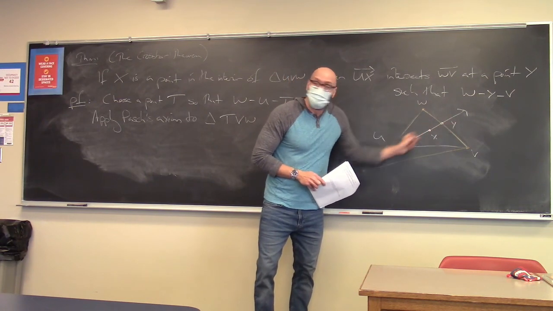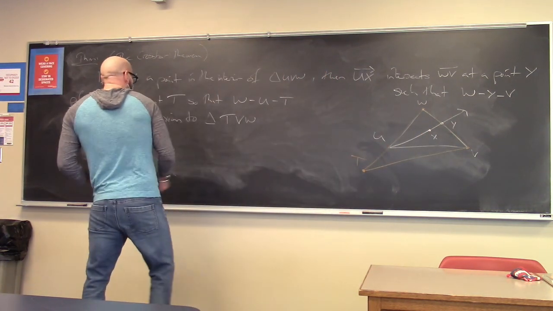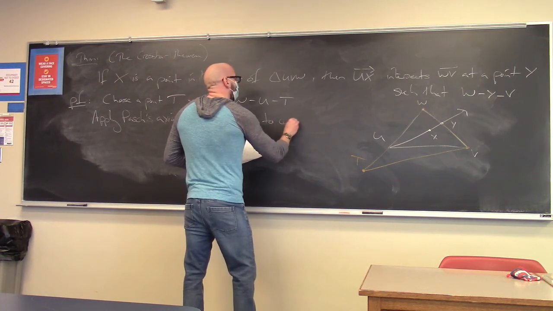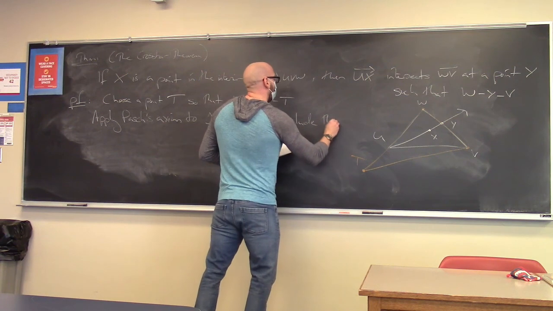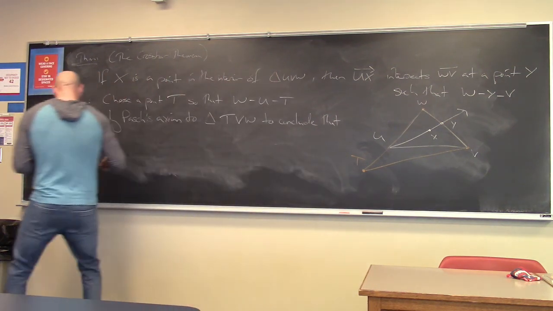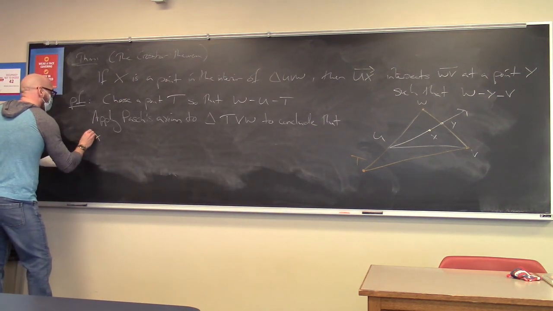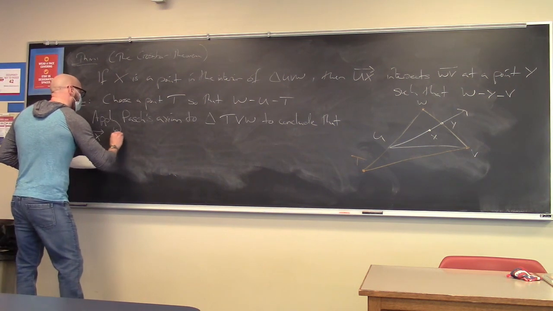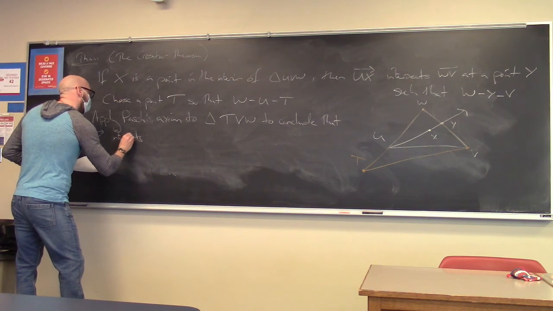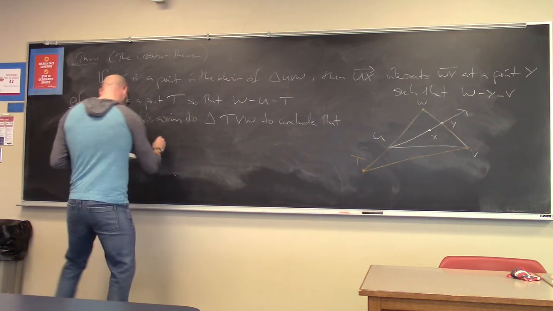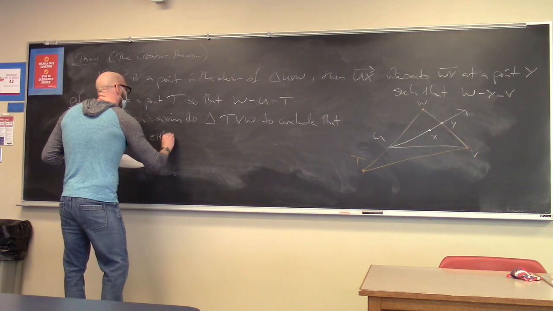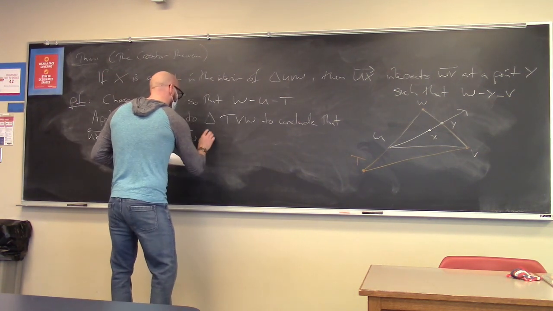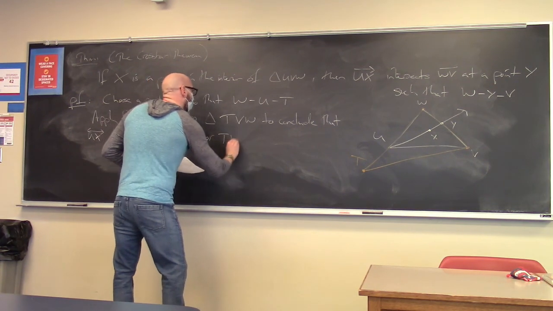I have a triangle with a line cutting through. So apply Pasch's axiom to this triangle to conclude that UX intersects either VW or TV.